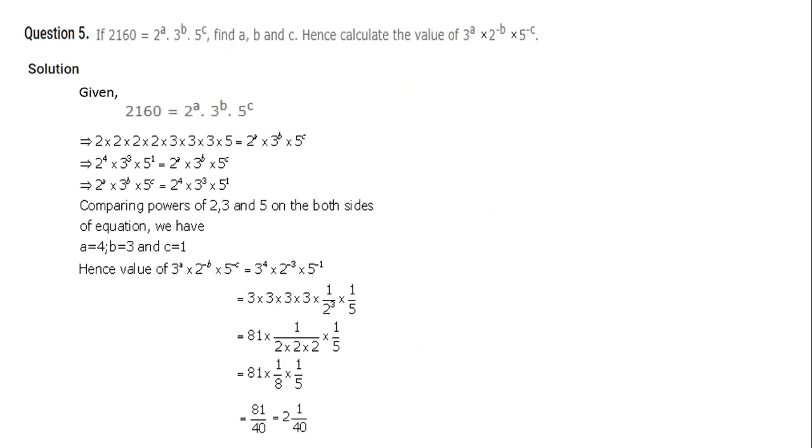Come to the question number 5. It is given to us that 2160 is equal to 2 power a into 3 power b into 5 power c. Find a, b, c and calculate the value of 3 power a into 2 power minus b into 5 power minus c. But before that, you have to evaluate a, b, c.